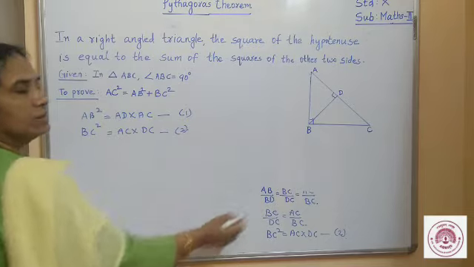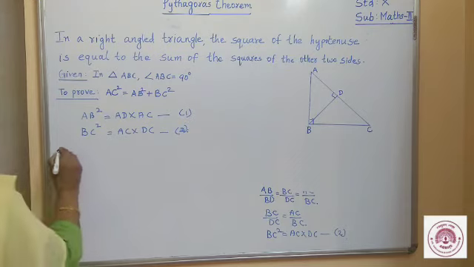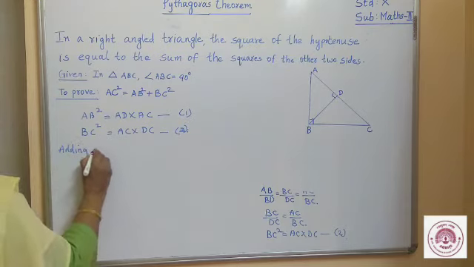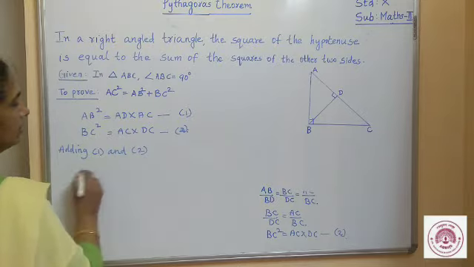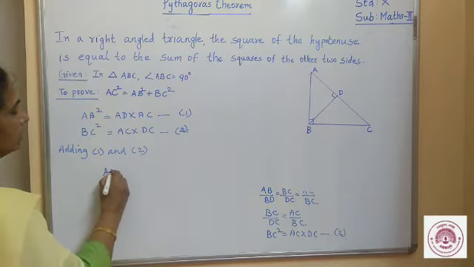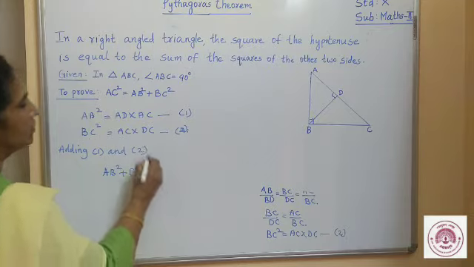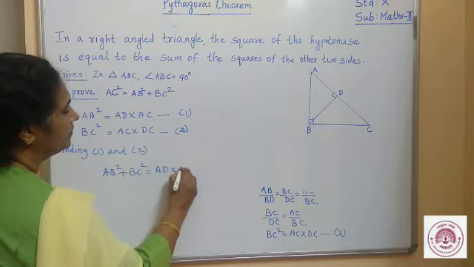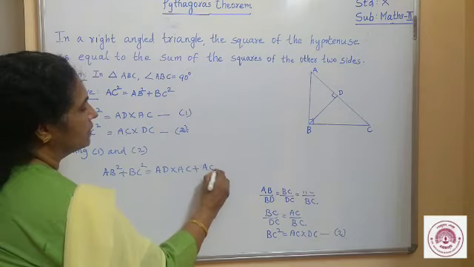Here also the reason is corresponding sides. Now adding equations 1 and 2 gives AB square plus BC square on the left hand side, and on the right hand side, AD into AC plus AC into DC.